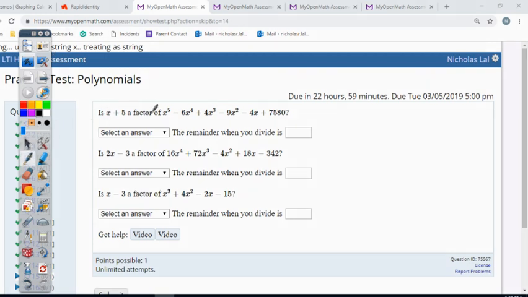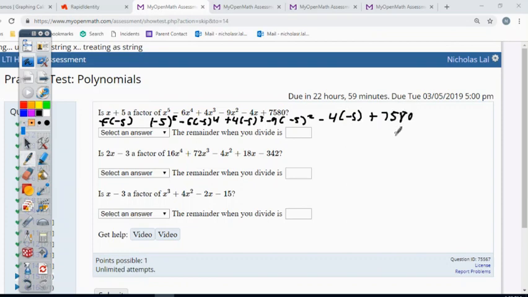The fastest trick I could do here is use the remainder theorem. If x plus 5 is my factor, I can evaluate f of negative 5. And f of negative 5 is going to be negative 5 to the 5th minus 6 times negative 5 to the 4th plus 4 times negative 5 cubed minus 9 times negative 5 squared minus 4 times negative 5 plus 7580.